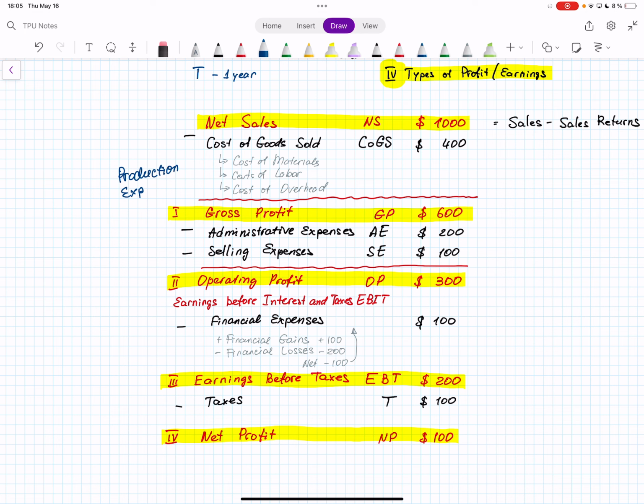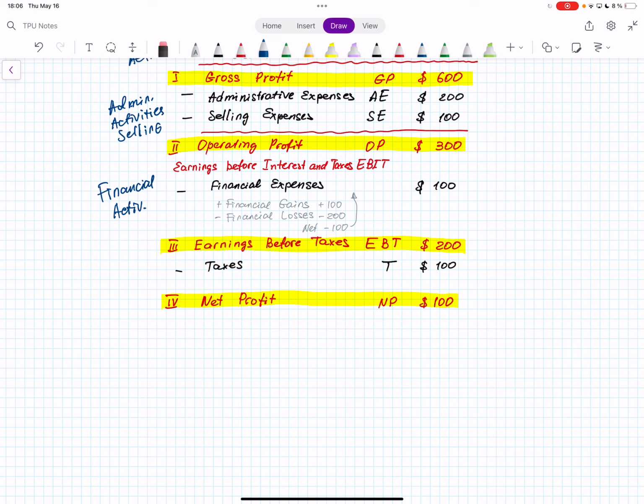Financial expenses summarize the financial activities. And taxes, it's what we pay to the government. So it's our government obligations.